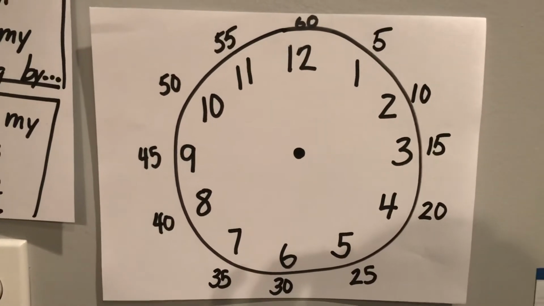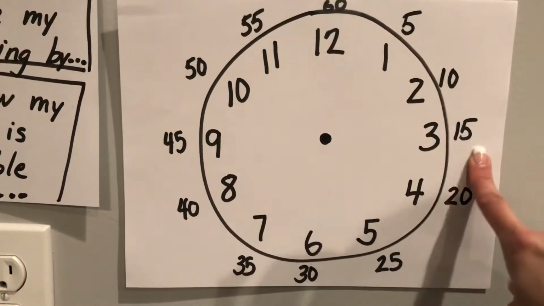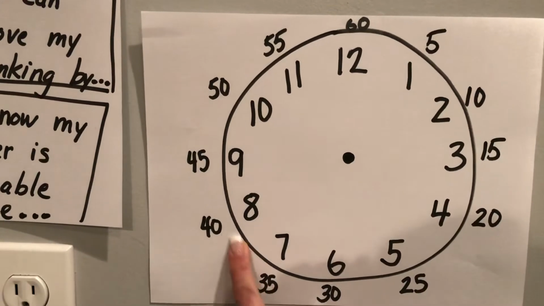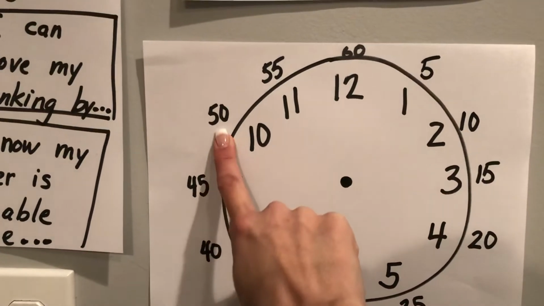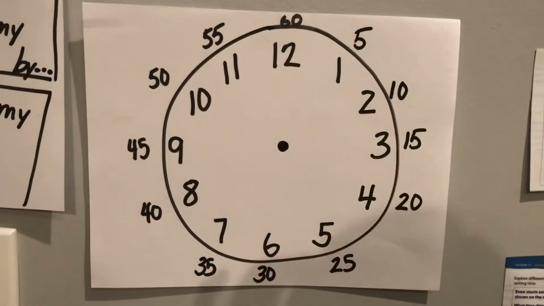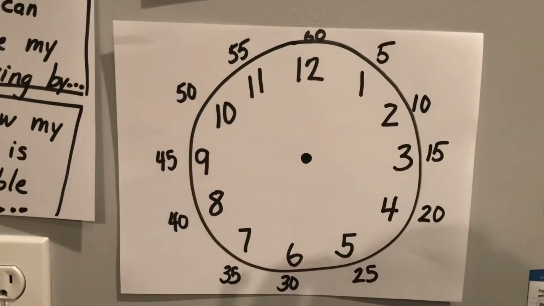How did I get that answer? Let's count together. 5, 10, 15, 20, 25, 30, 35, 40, 45, 50, 55, 60. 60 minutes is in 1 hour. If you go all the way around the clock, that means it was 1 hour.